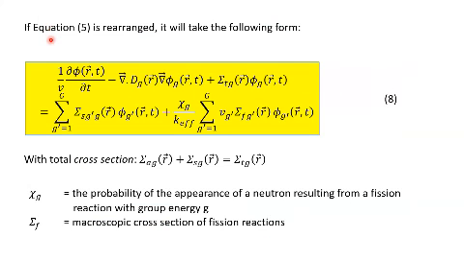If equation 5 is rearranged, it will take the form of equation 8, with chi G the probability of the occurrence of a neutron resulting from a fission reaction with group energy G. Sigma F is the macroscopic cross-section of the fission reaction.